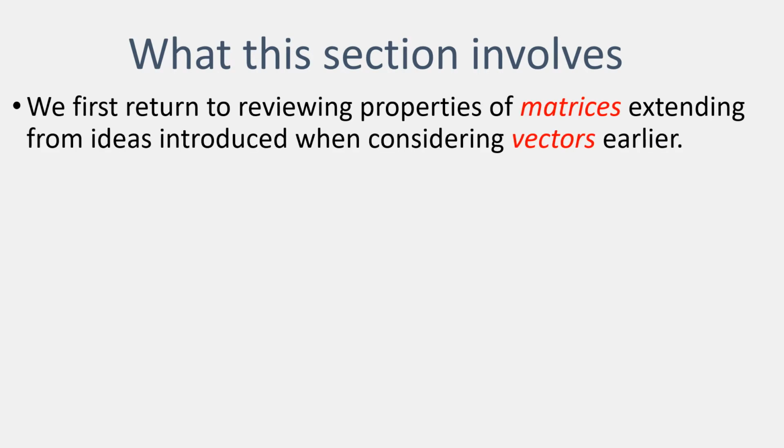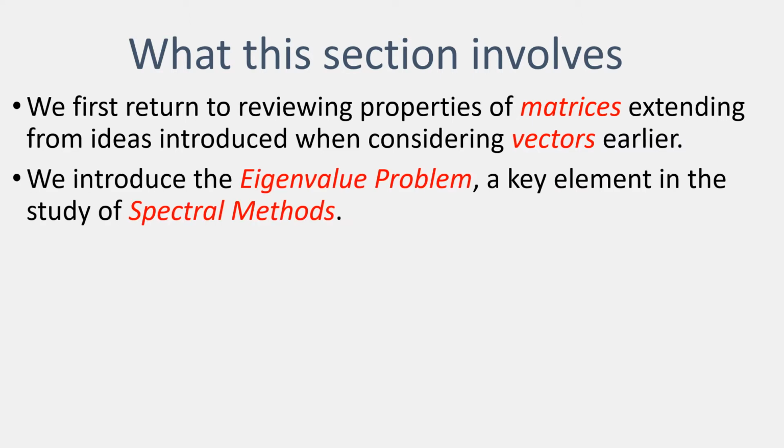So what am I going to do in this section? First of all, I'm going to review some properties of matrices which develop ideas that we saw earlier when we were looking at vectors. I'm going to introduce a very important problem called the eigenvalue problem.